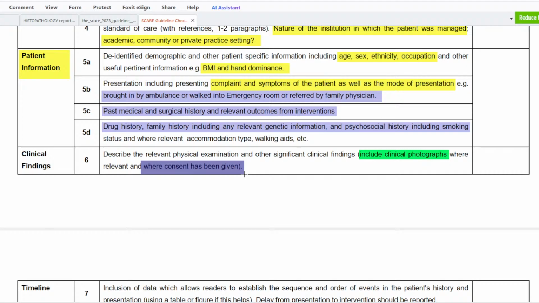Delay from presentation to intervention should be reported. Okay. Diagnostic assessment.